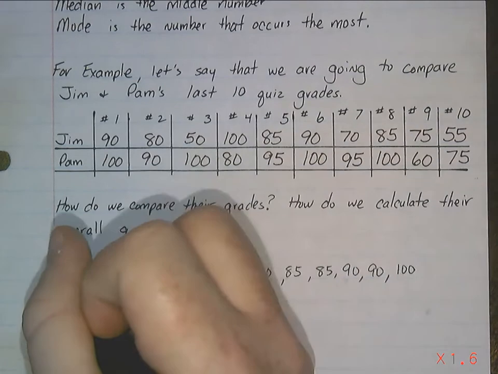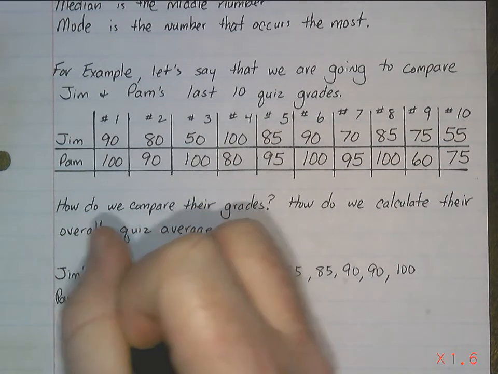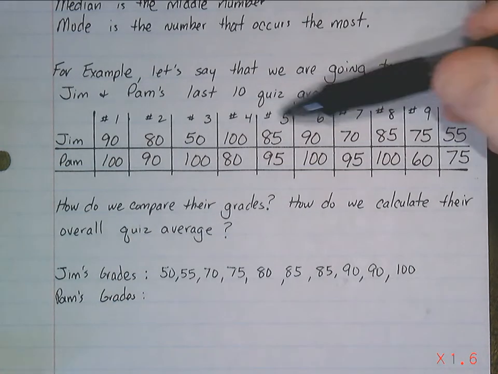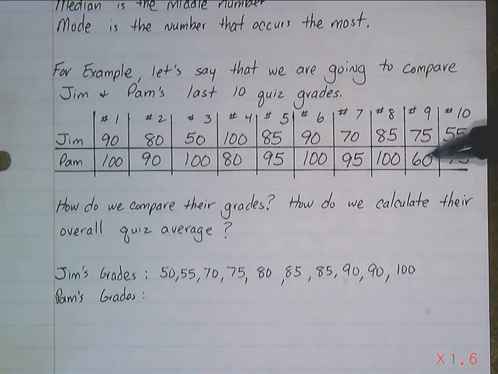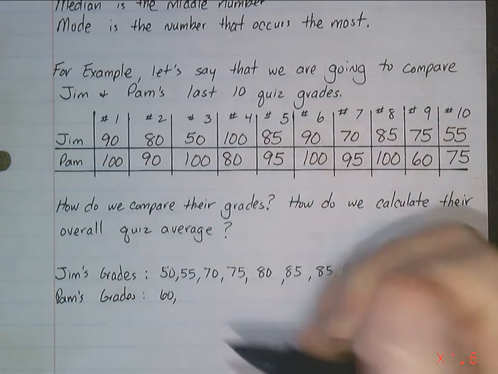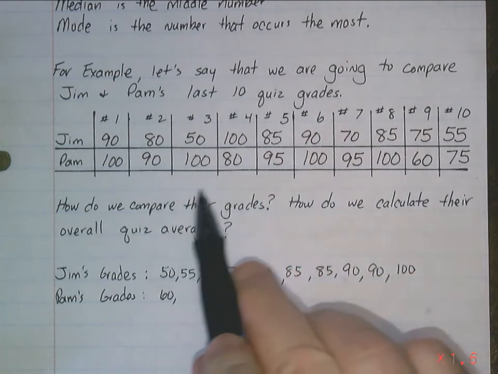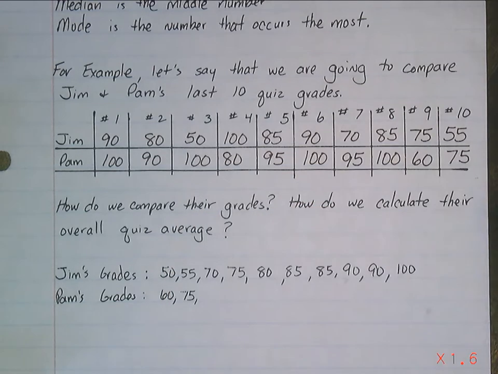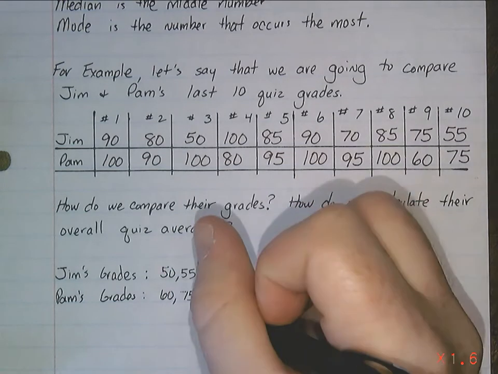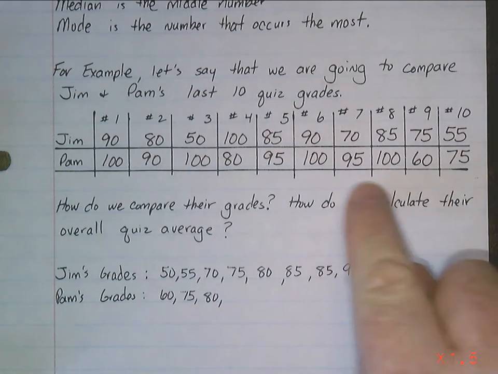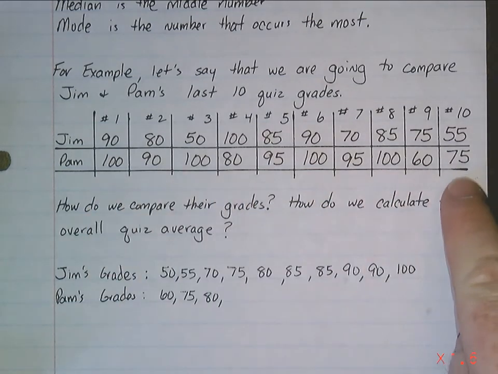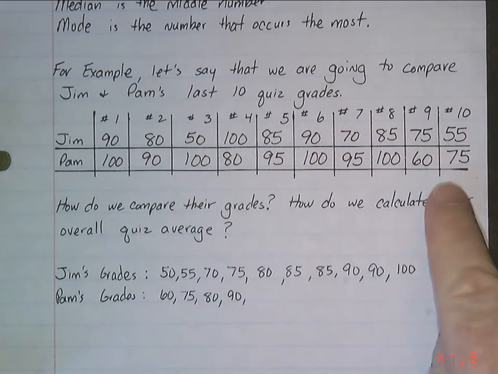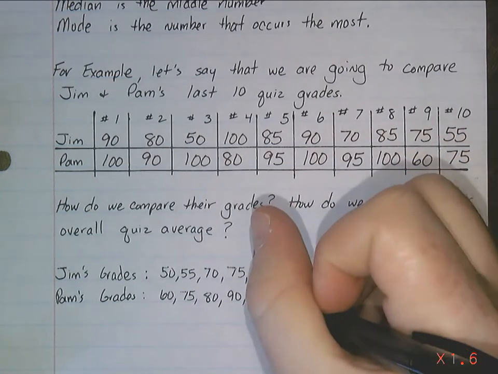Okay, we're going to do the same thing with Pam's grades. Okay, the lowest grade she has is a 60. Does she have a 65? No. 70? No. 75. 80, one 80. 85, no 85s. 90, we've got one 90. 95, 1, 2, two 95s.